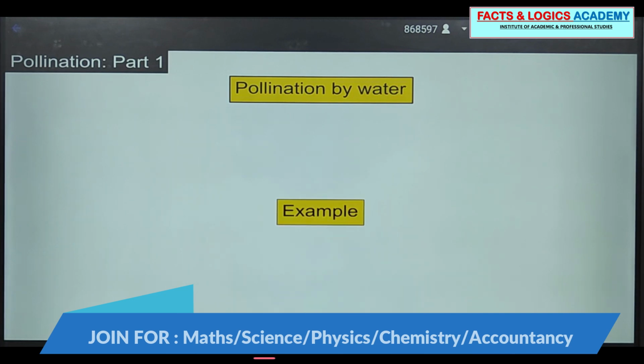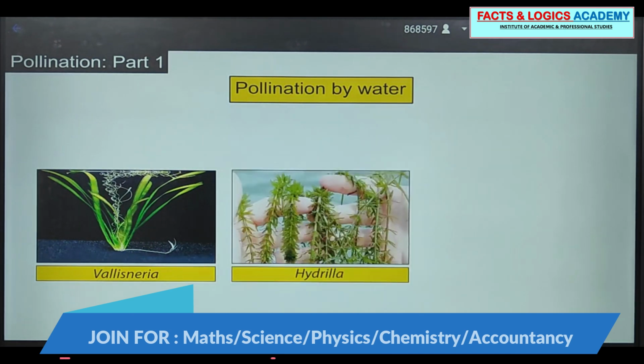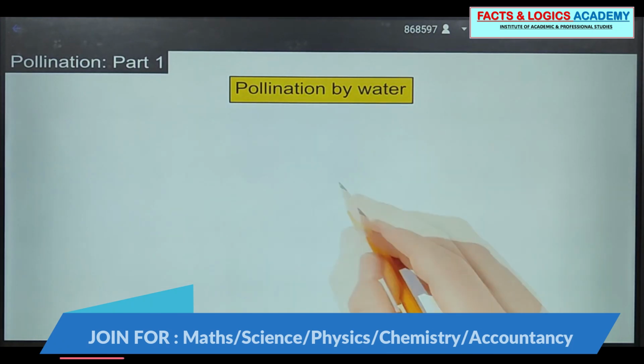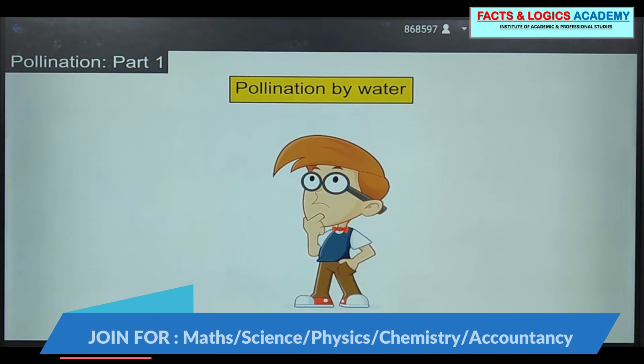Some examples of water-pollinated plants are Vallisneria and Hydrilla, which grow in fresh water, and several marine sea grasses, such as Zostera. Well, it would surprise you to know that not all aquatic plants use water for pollination.